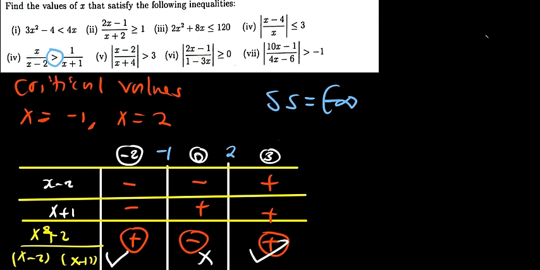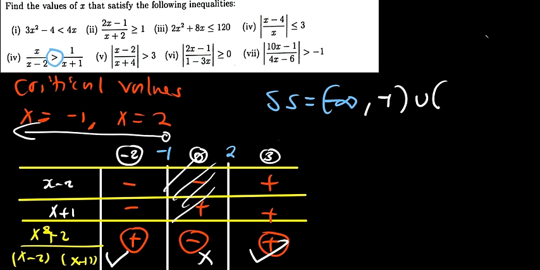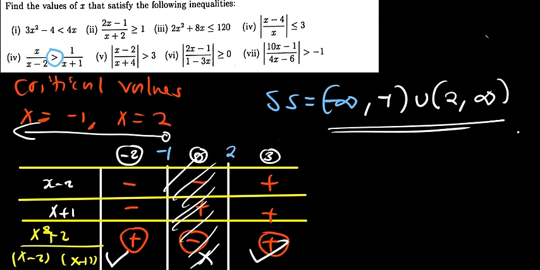I'm starting from negative infinity because we can clearly see that from this point it can go all the way. We don't know where it is ending. That's why it's negative infinity all the way to negative 1, not included, union. Again, we jump this part. We are starting again from 2 all the way to positive infinity. So that is my solution.